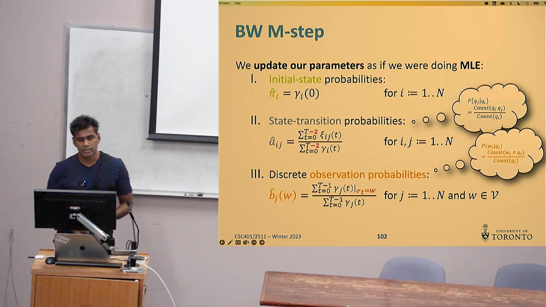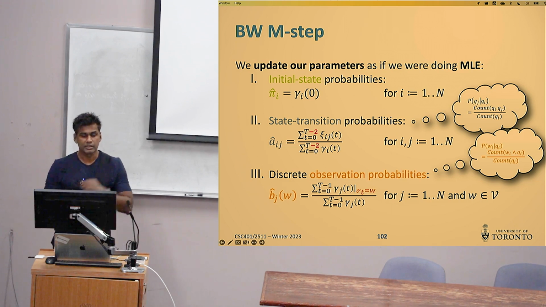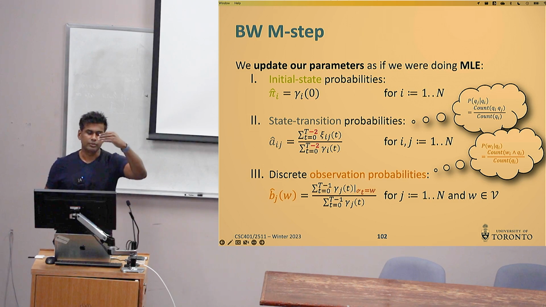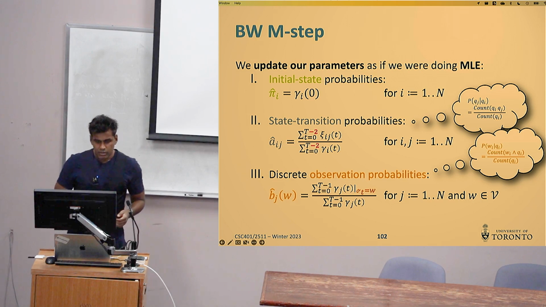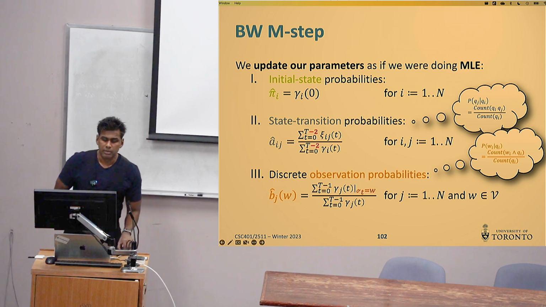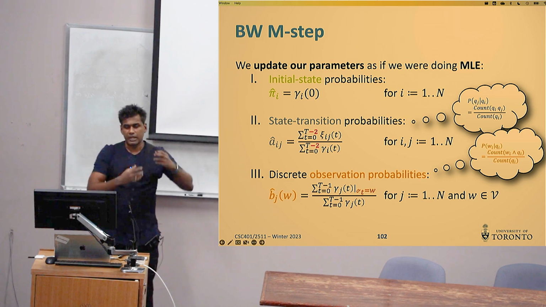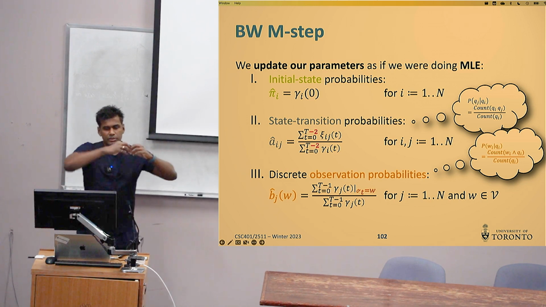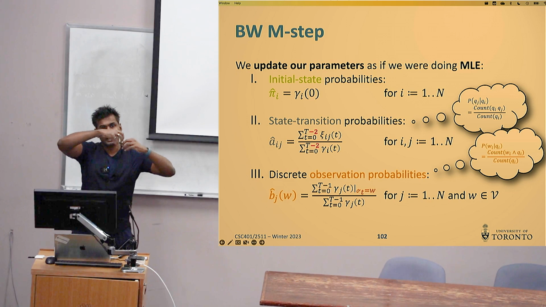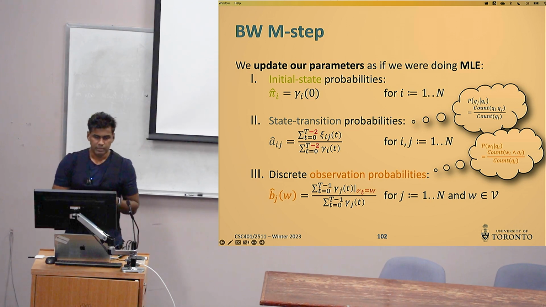This slide shows how we can update our parameters to get theta k plus 1 from theta k. The initial state probability pi is just gamma i 0. There's only one way you can start, so you take the first step's gamma i 0, and that gives our initial state probabilities.